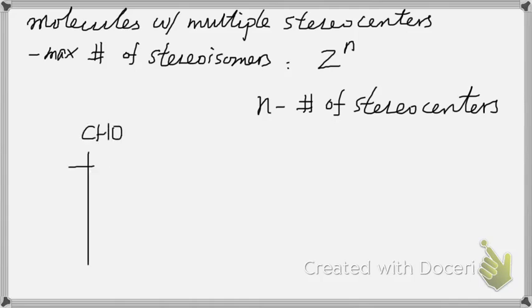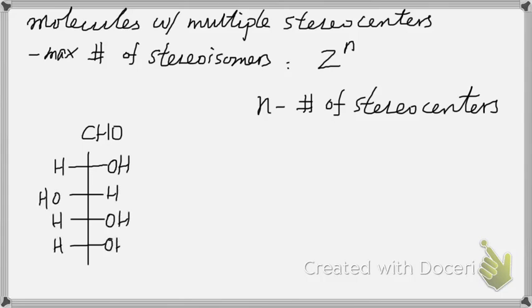So for example, here is the structure of glucose, a carbohydrate that is most abundant in our body. This is D-glucose. It has 6 carbon atoms with 4 chiral centers.